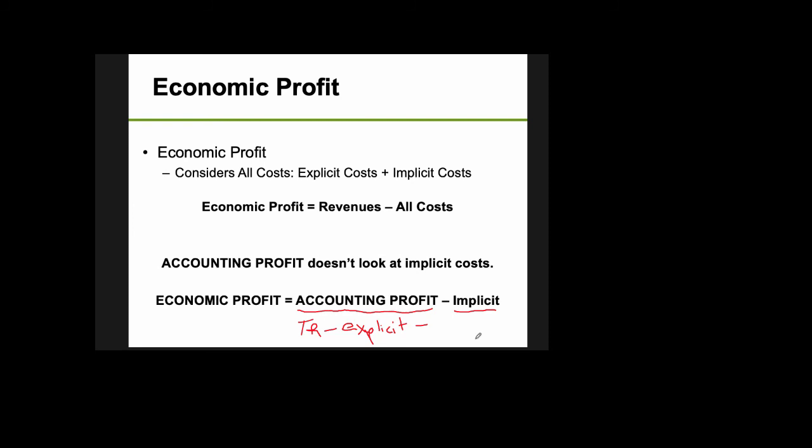So what could the entrepreneur be doing with their time? Maybe they could be going to work for someone else. If you can't cover that cost as well, perhaps you aren't truly profitable. If the total revenue is greater than all of the explicit and implicit costs, though, then there is economic profit.